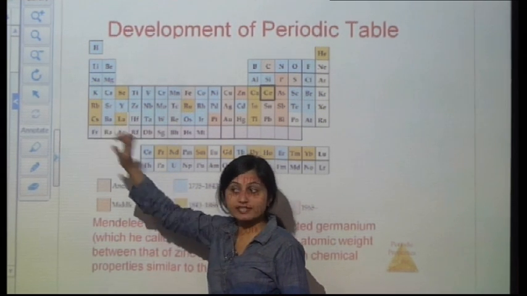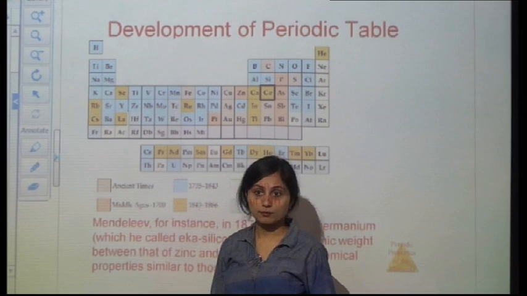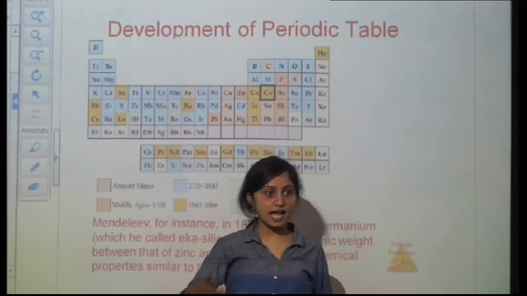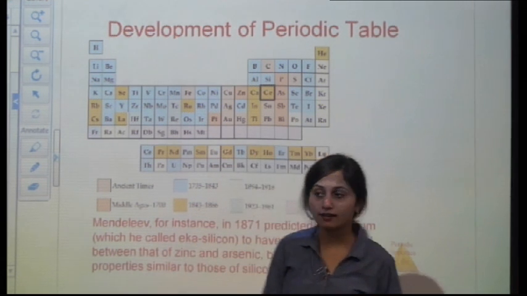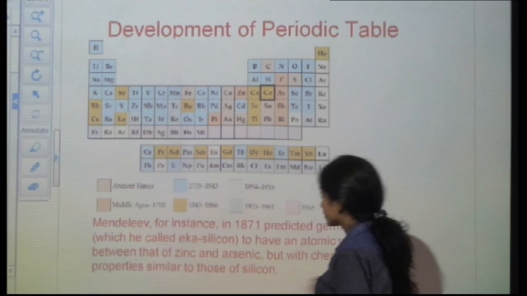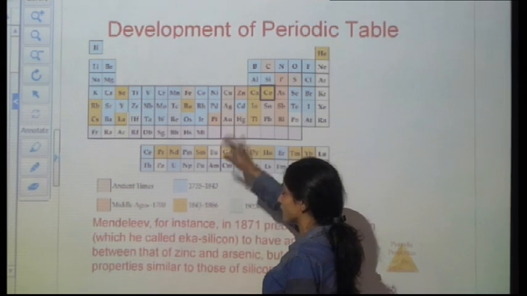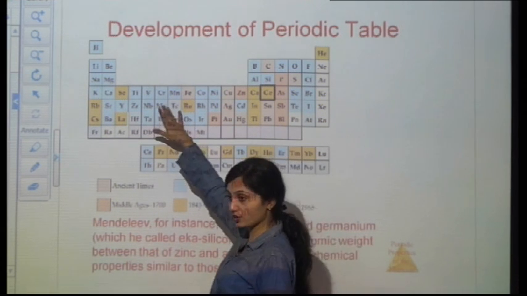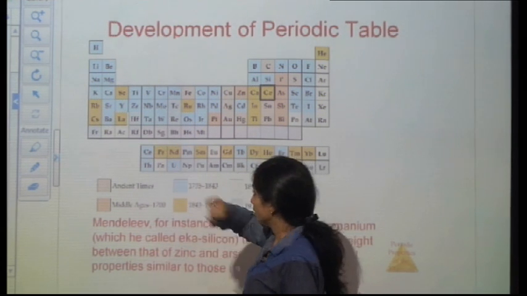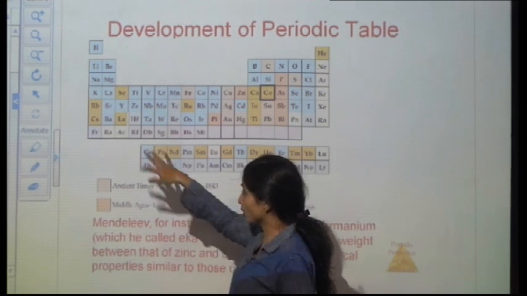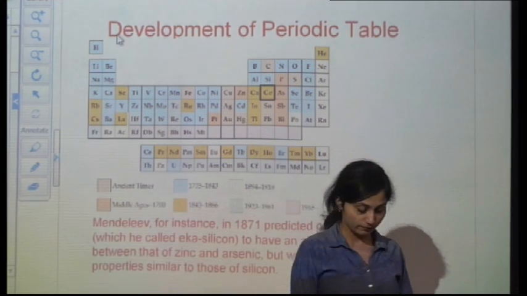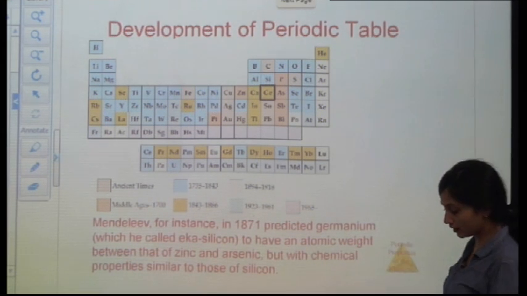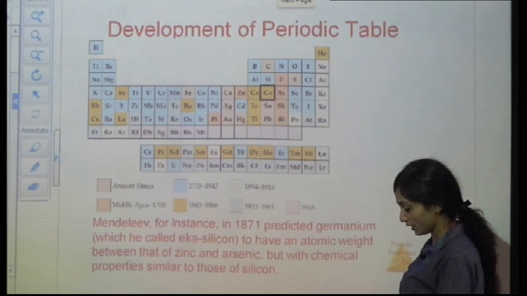Those are known as the inner transition elements, because they are inside the transition elements, and their properties can be compared. As you move ahead in chemistry, we will see their properties studied along with the d elements, with their behavior affected by the presence of the d elements. And here you have the seventh period also having the inner transition elements.